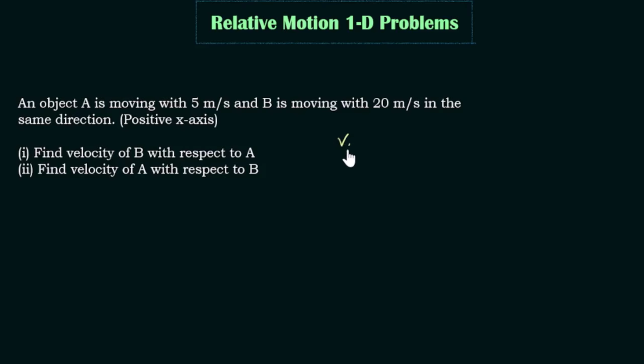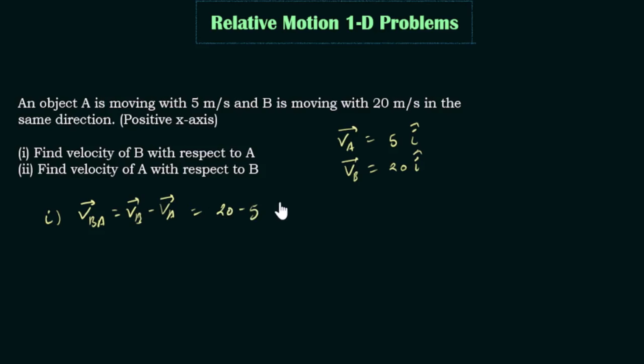So we have VA, which is 5 i cap, and VB, which is 20 i cap. We have to find the velocity of B with respect to A. So this will be VBA, VB minus VA, which is 20 minus 5, so this is 15 i cap meter per second.